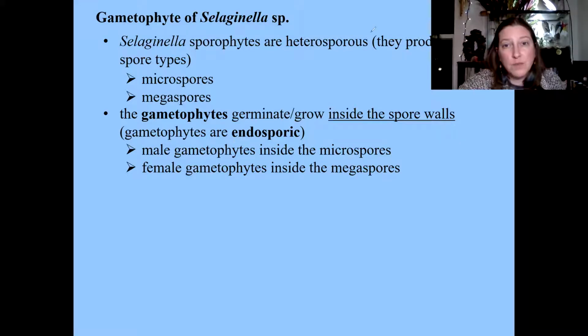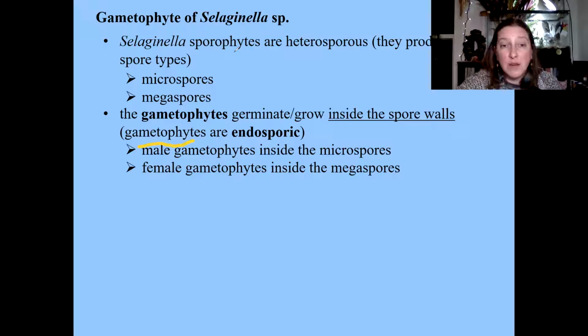So just to slow down a little bit here. Who can be homosporous or heterosporous? Sporophytes. Sporophytes are heterosporous, and then in Lycopodium, sporophytes are homosporous. It's the sporophytes that we can describe that way, right? But who's endosporic and who is exosporic? The gametophytes.